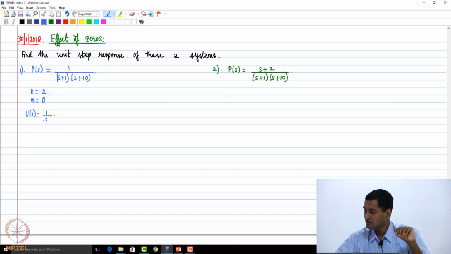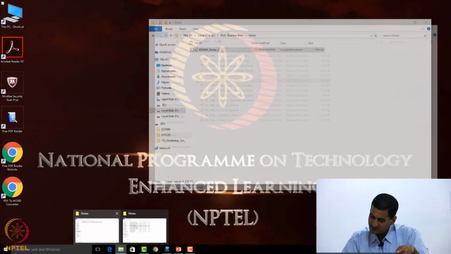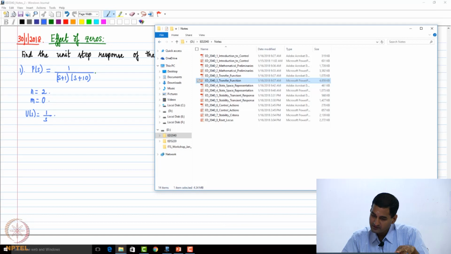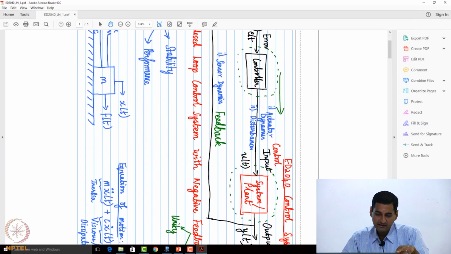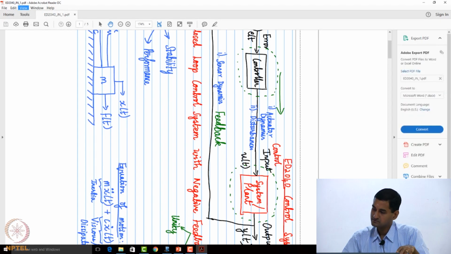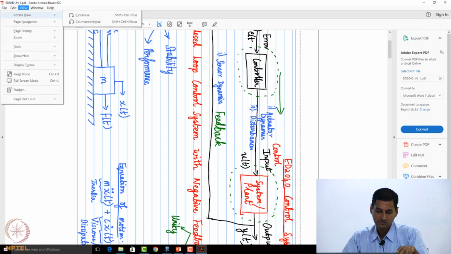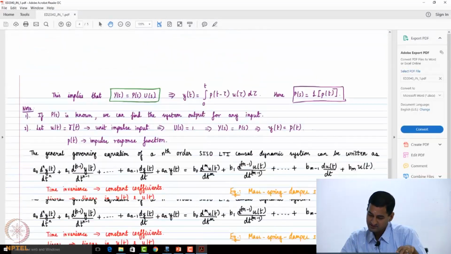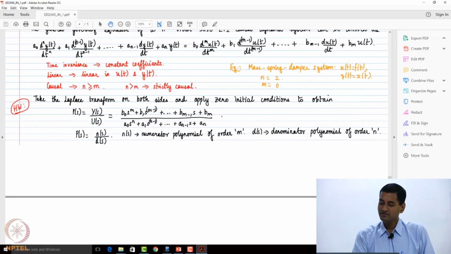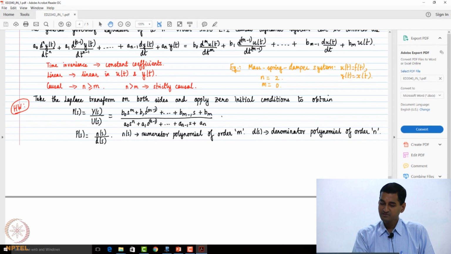So if you recall what we did sometime last week, let me go back. Let me try to see whether it's here. So if you recall, you look at this equation, right? a naught d^n y by dt^n plus a 1 d^(n-1) y by dt^(n-1) and so on.